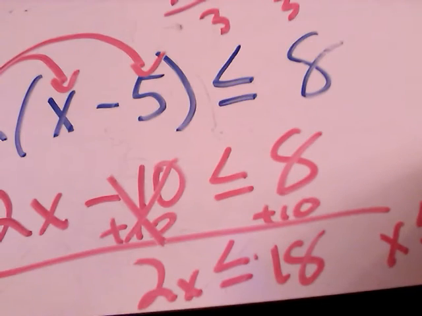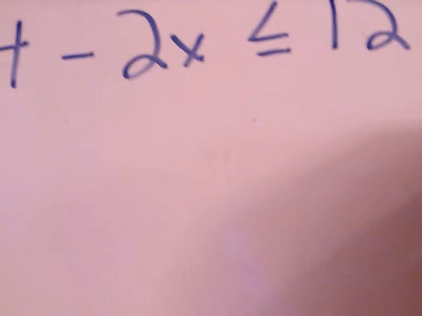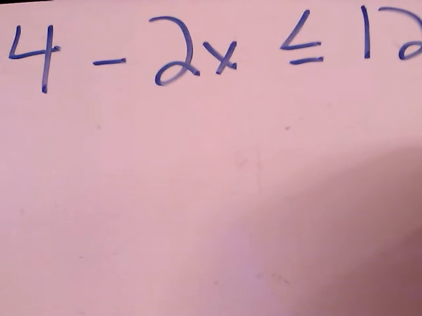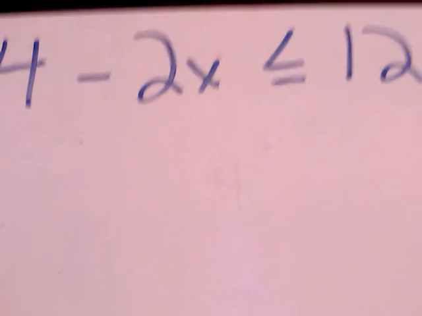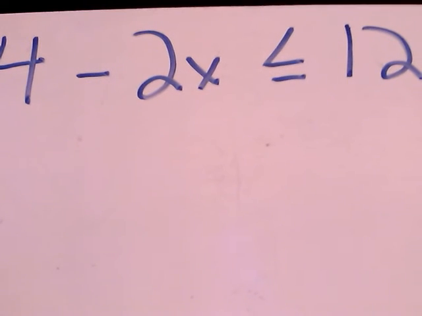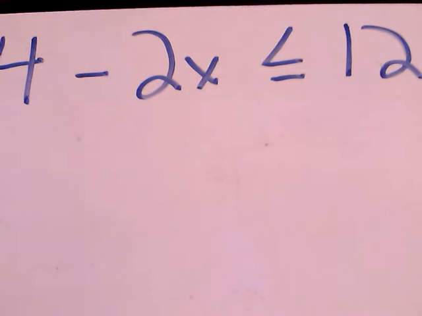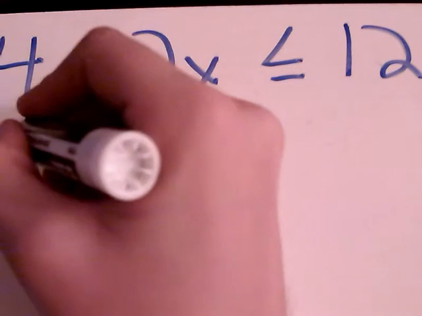So we got one more example. This is going to be a little different. We have 4 minus 2x is less than or equal to 12. So once again, we want to get x by itself. So to do so, we subtract the 4.